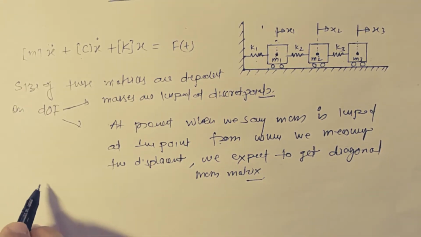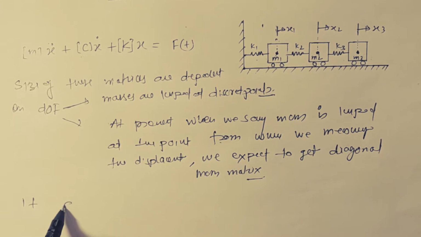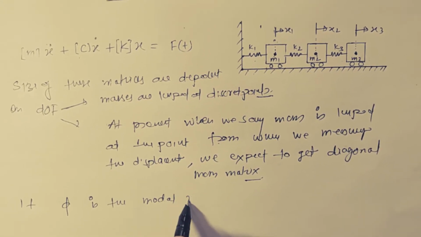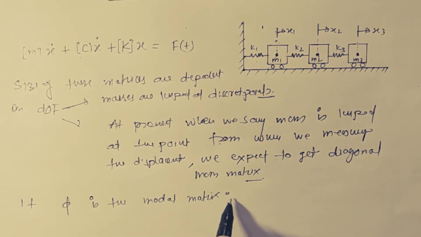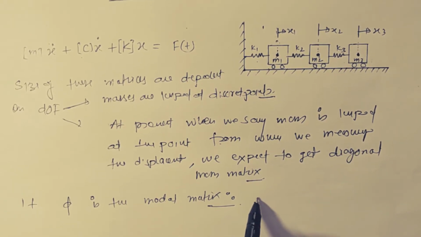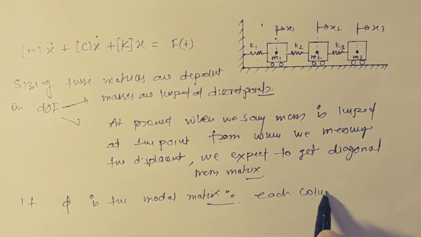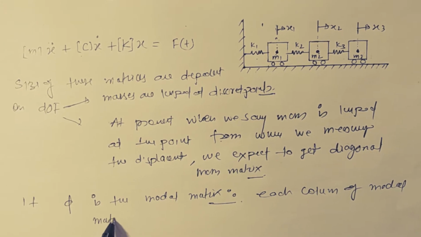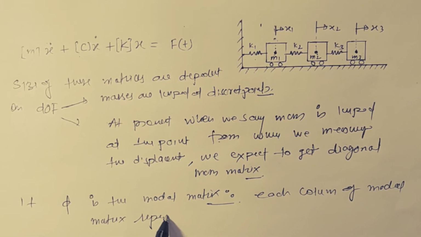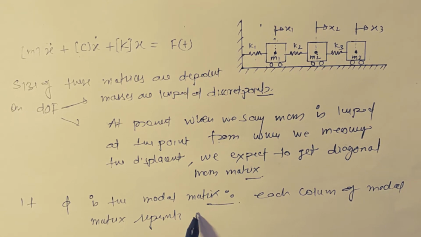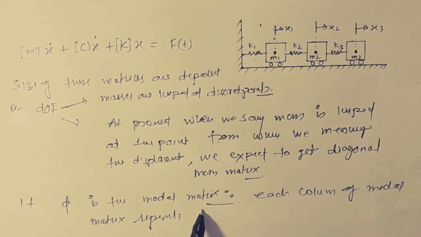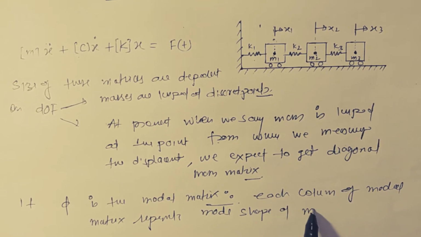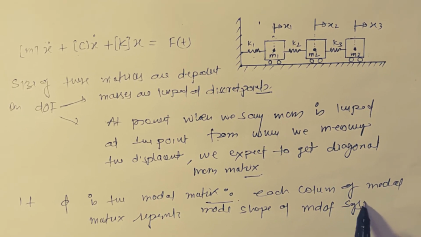Here, if we say phi is the modal matrix, each column of the modal matrix represents a mode shape of the multi-degree of freedom system.